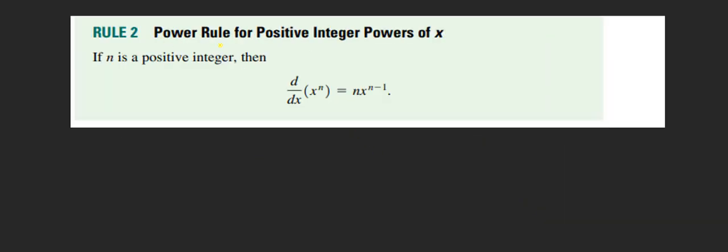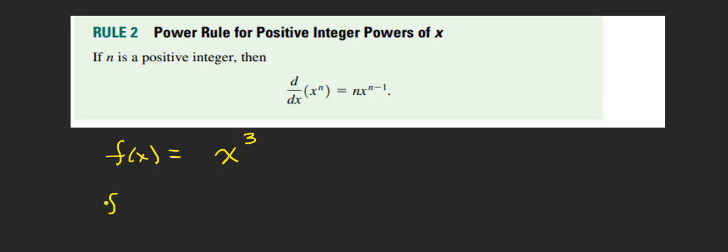Rule number two, the power rule for positive integer powers of x. If n is a positive integer, which is the exponent of x, then the derivative of x to the n equals n times x to the n minus 1. So for example, let's say you have f of x equals x to the third.